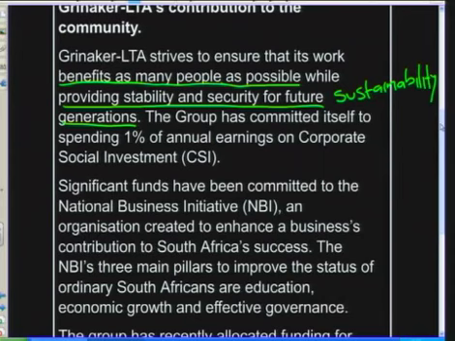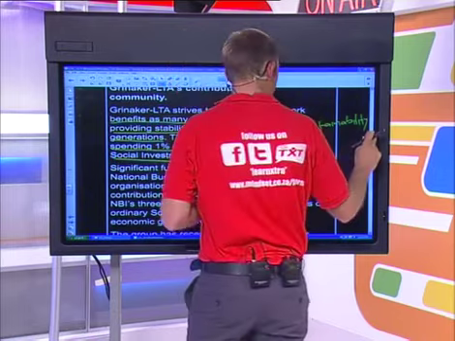Right. The group has committed itself to spending 1% of annual earnings on corporate social investments, right? So if they had to earn 1 million rand, for example, say they said that they would spend 10,000 rand on corporate social investment, which is quite a substantial amount.